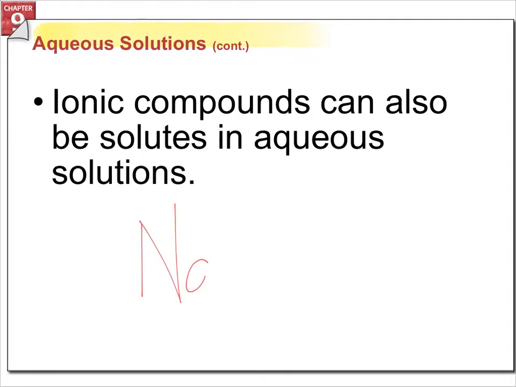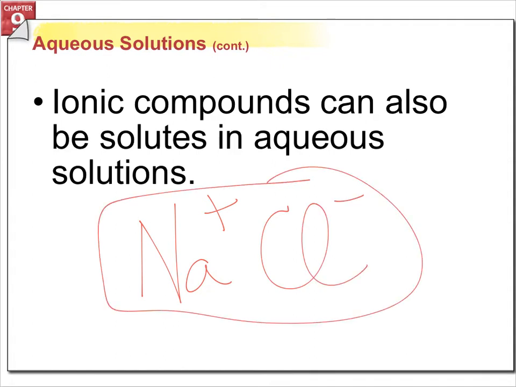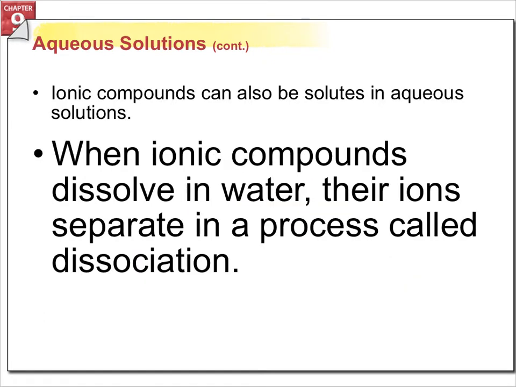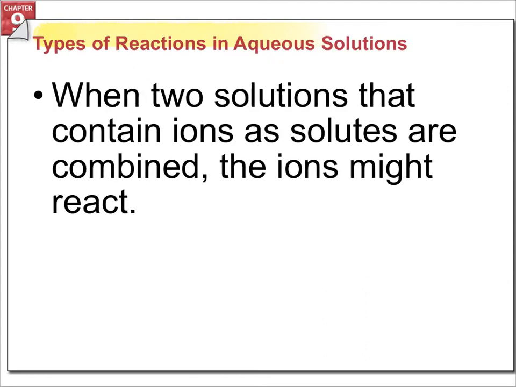The sodium, which is a cation, put together with the chlorine, which is the anion, this ionic compound can also be a solute. When ionic compounds dissolve in water, their ions separate in a process called dissociation. So when you put that ionic compound into the water, you have dissociation happen.